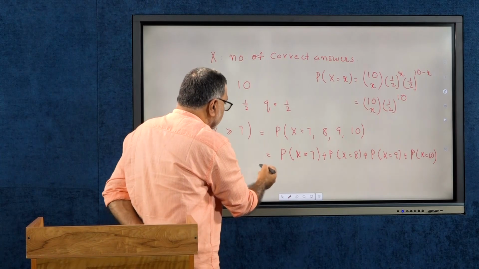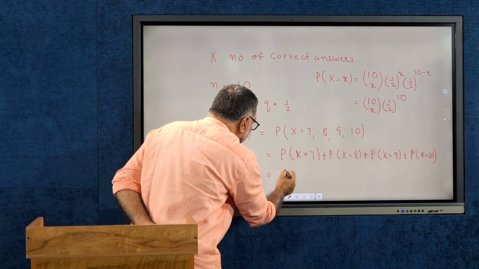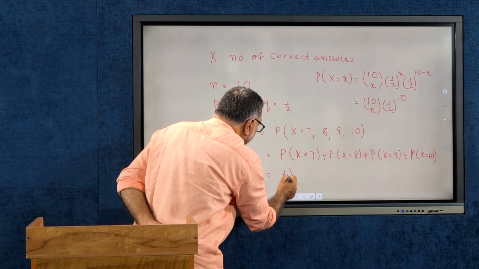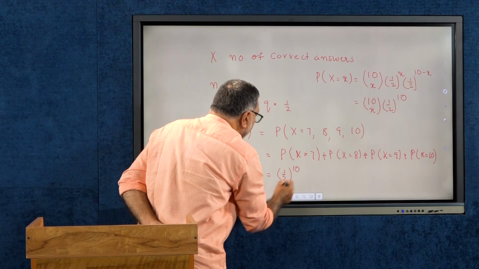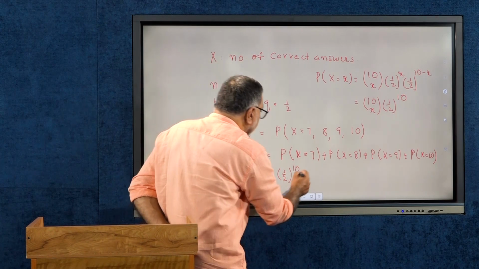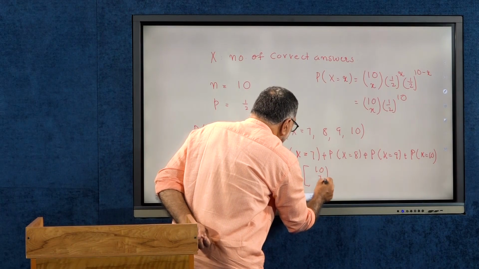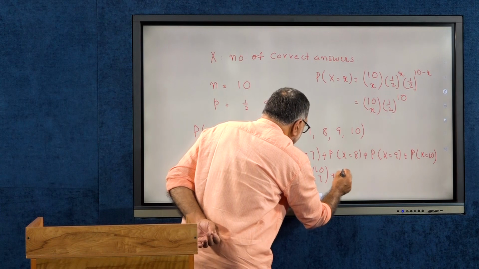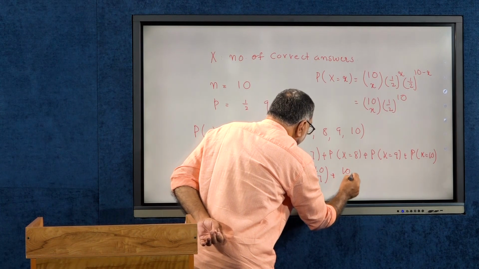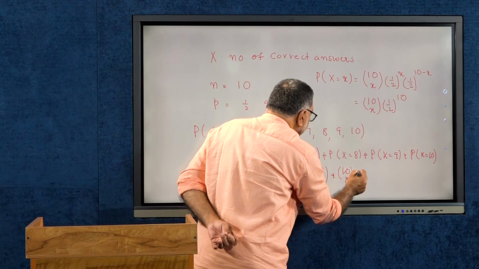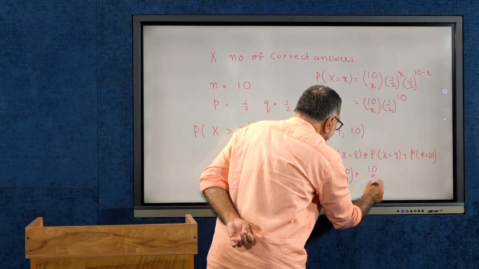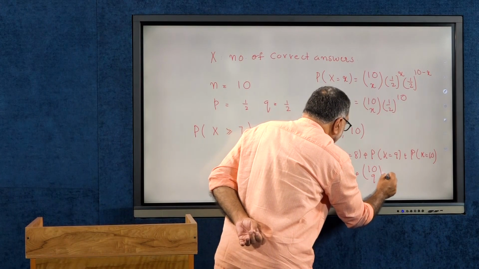So substituting this value here, 1 by 2 power 10 is common to all the expressions, and then this is 10 C7 plus 10 C8 plus 10 C9 plus 10 C10.